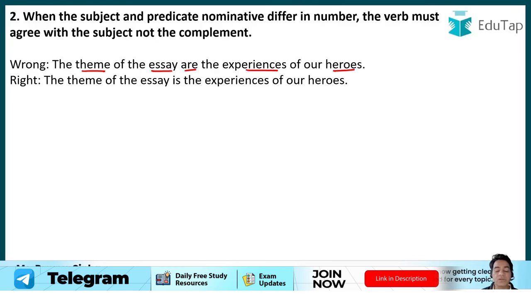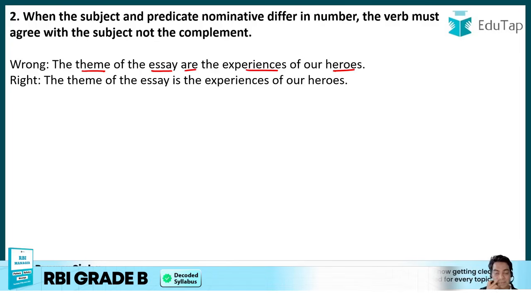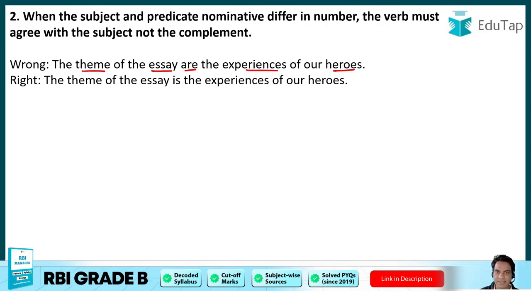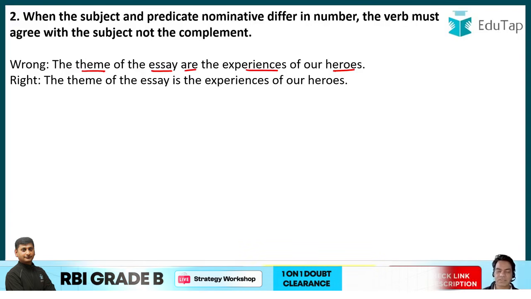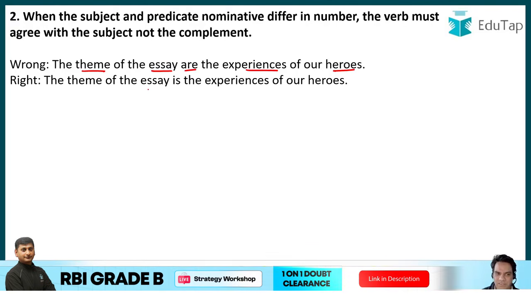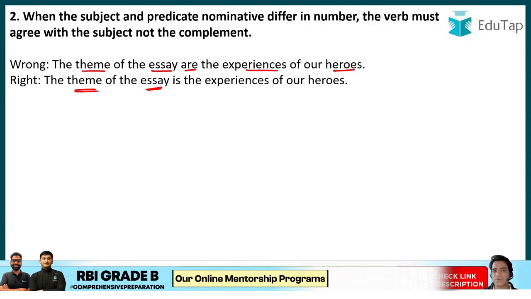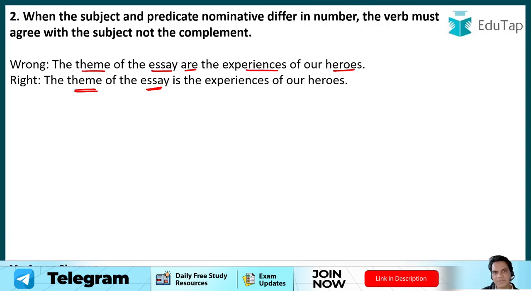You'll not be able to decide it just by reading the sentence, so you need to analyze the sentence. What are we referring to here? The theme of the essay. What was the theme? The theme was experiences of our heroes. So the subject here is theme, and as I told you, you will find the subject in the initial part of the sentence.